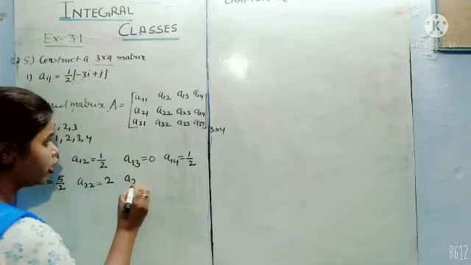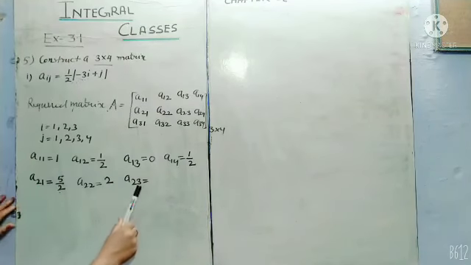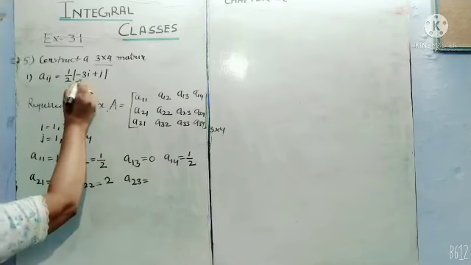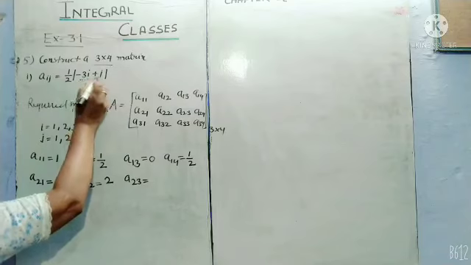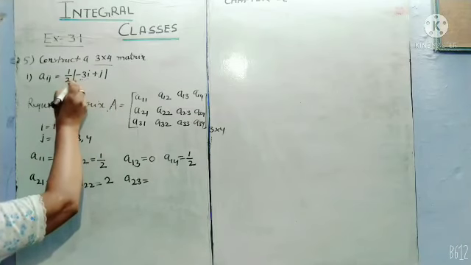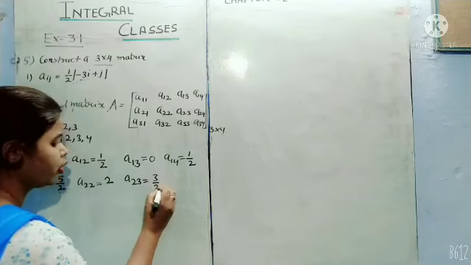Now A23. Row is second and column is third. So 2 3 is minus 6 plus 3, minus 3, which becomes positive 3, and 3 into 1 by 2.